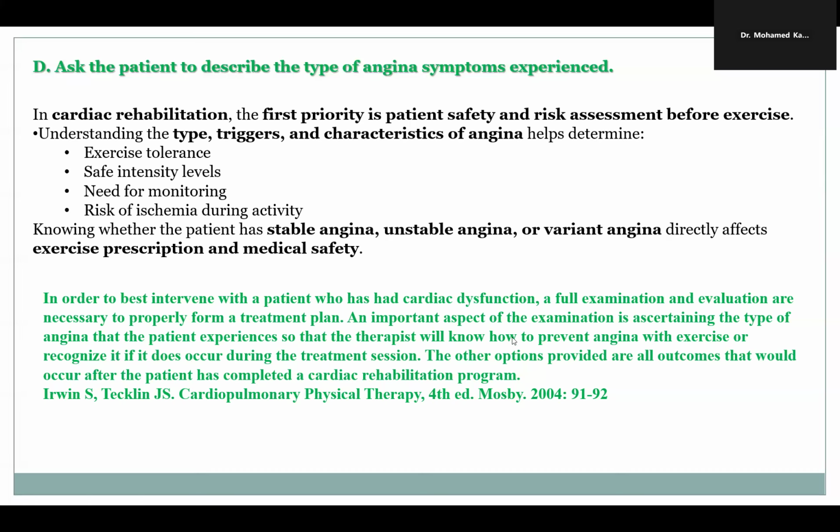We never reach or go beyond the angina threshold with exercise, or we recognize it if it does occur during the treatment session. Okay, so this is the only valuable answer among these four.